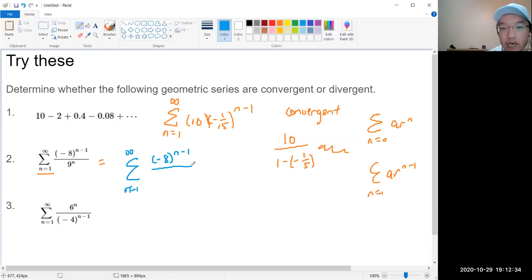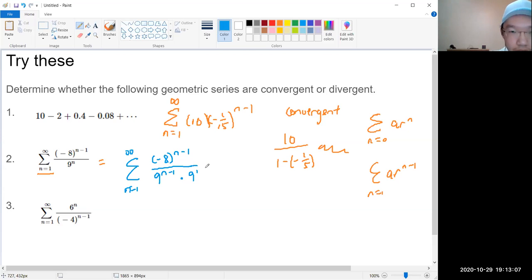So how can we get the denominator to have an exponent of n minus 1? Yes. So we can rewrite it as 9 to the n minus 1 times 9 to the first power.